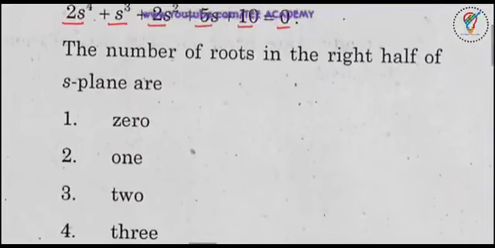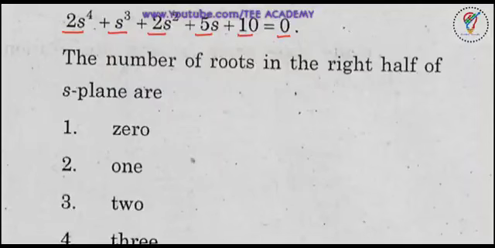Now we need to find the roots in the right half of the S plane. To solve this type of question, I will take the help of RH tabulation. Now s power 4, s cube, s square, s power 1, s power 0. First I will take the coefficients.